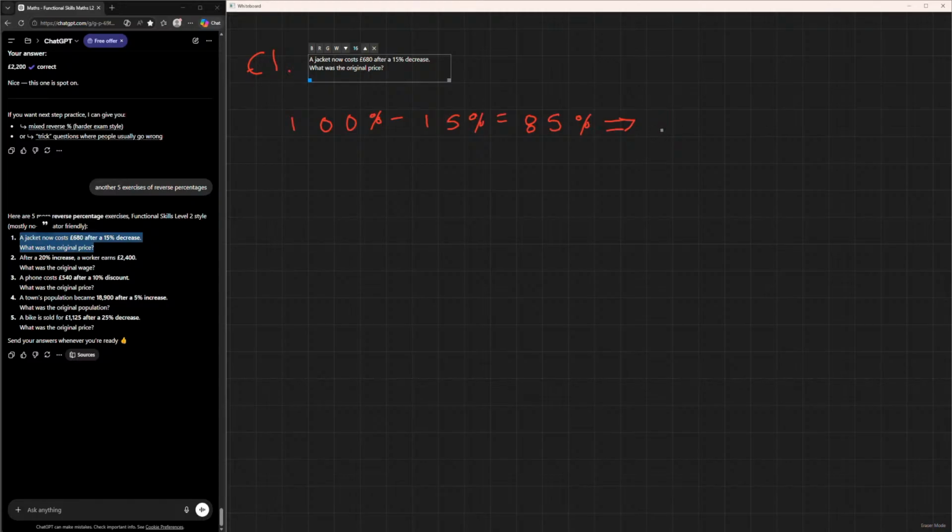Let me do my arrow a bit better. Oh, I also need to erase this.